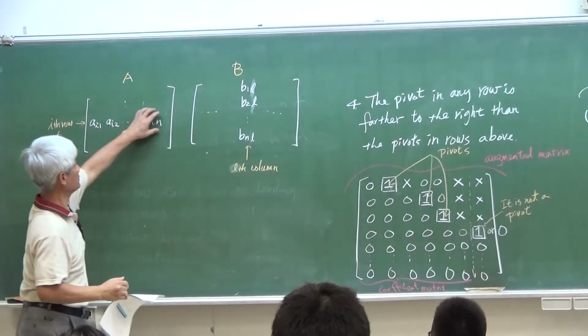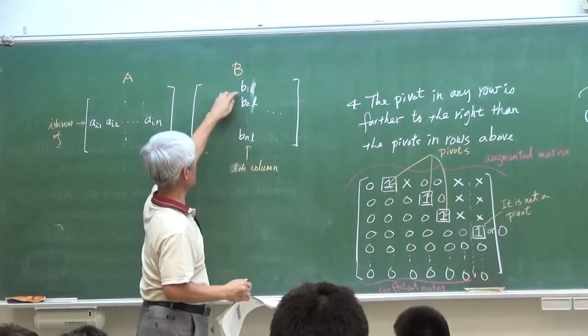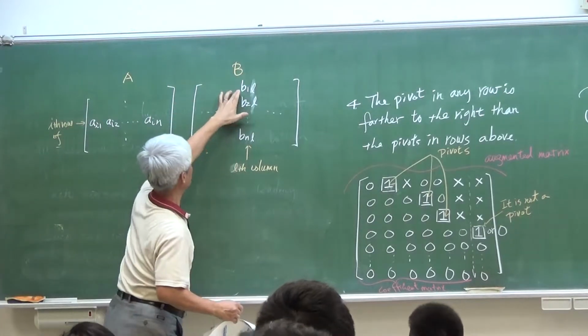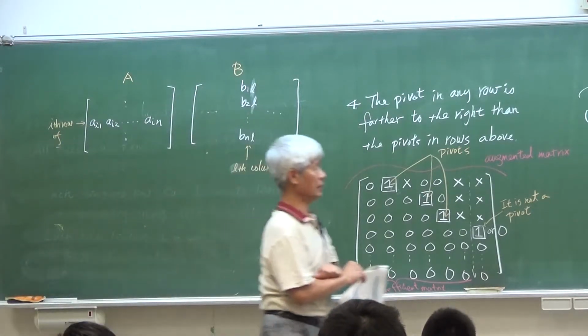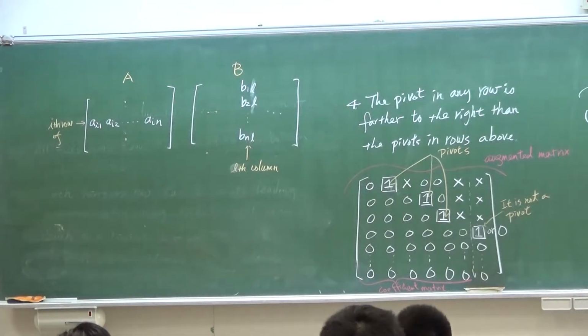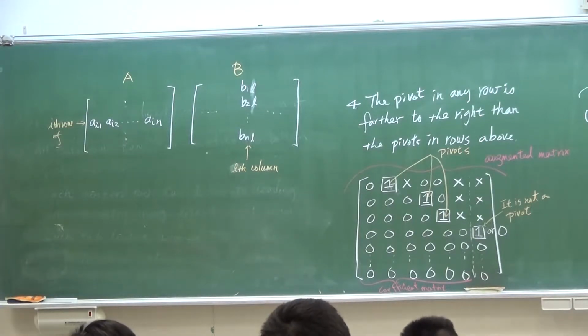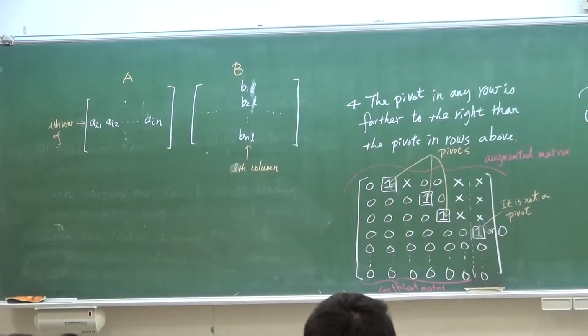Take the i-th row, which has n components, and we take the l-th column, which also has n components, and multiply the corresponding entries one by one, and add them together. So this is a_i1 b_1l plus a_i2 b_2l plus, and so on, plus a_in b_nl.